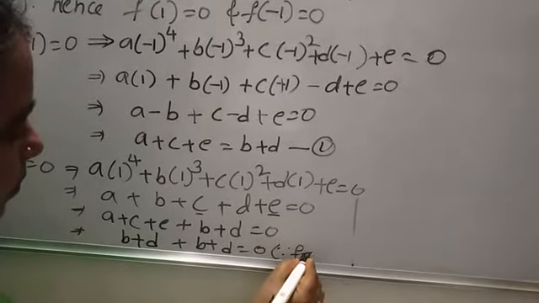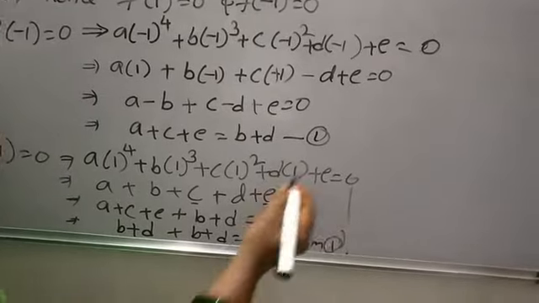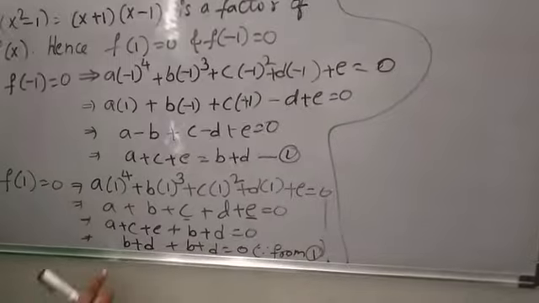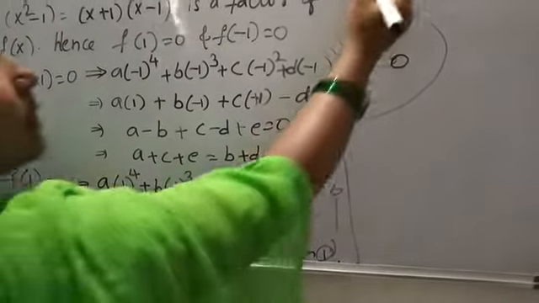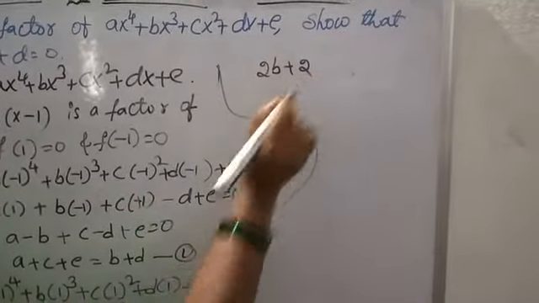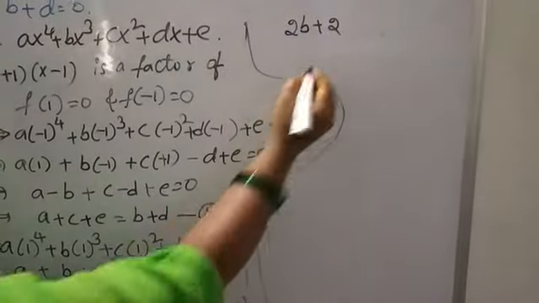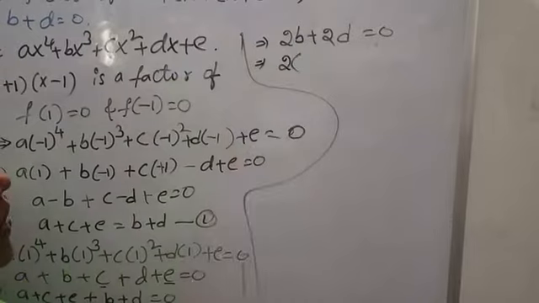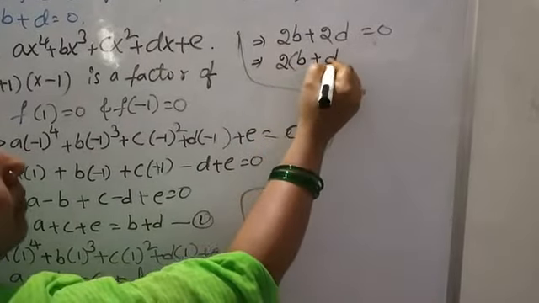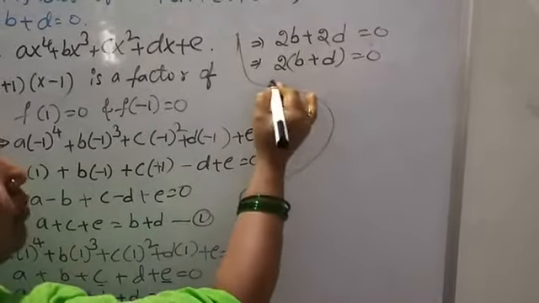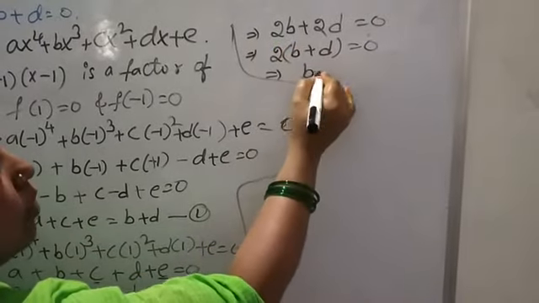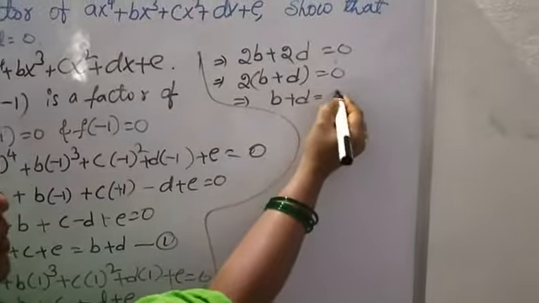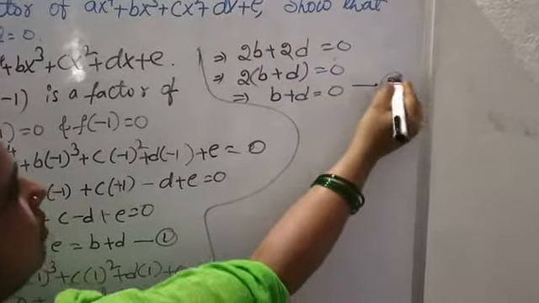Now add: 2 b's, b plus b is 2b, plus 2 d's, d plus d is 2d, is equal to 0. Now 2 is the common factor, take it outside: 2 times (b plus d) is equal to 0. Shifting 2 to that side, b plus d is equal to 0 by 2, which is 0. This is equation number 2.